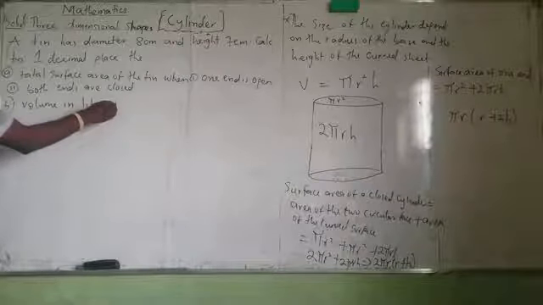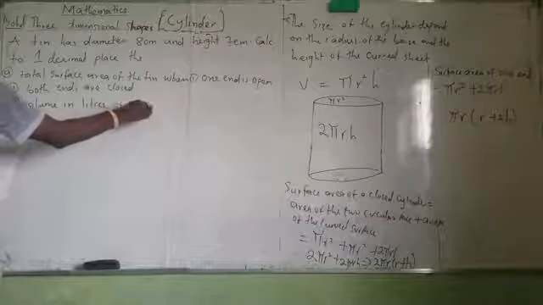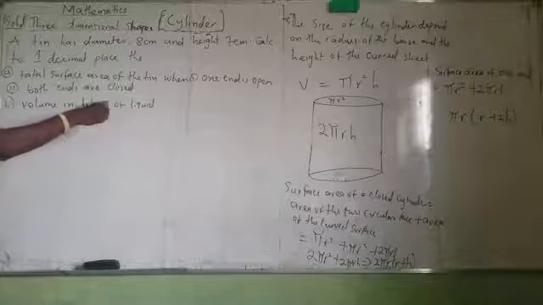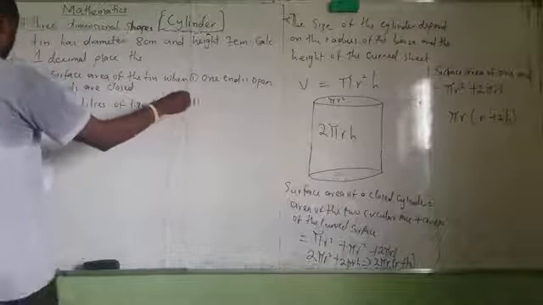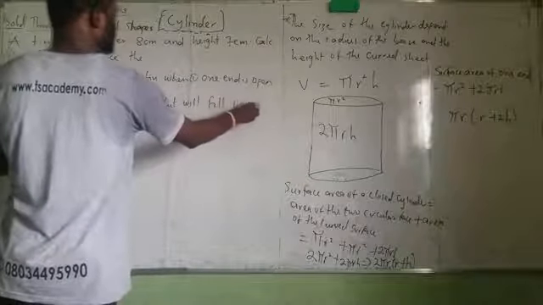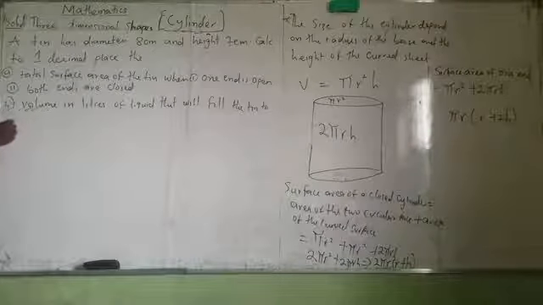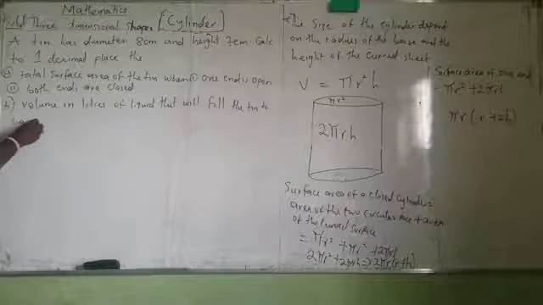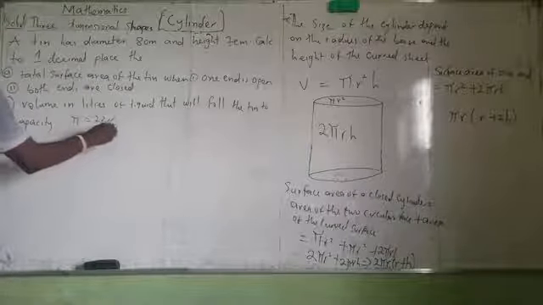Volume in liters of liquid that will fill the thing to the capacity. Taking pi as 22 all over 7.